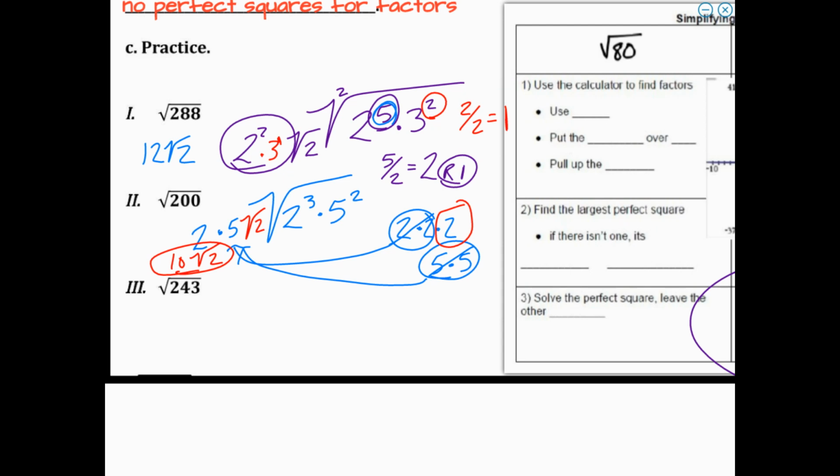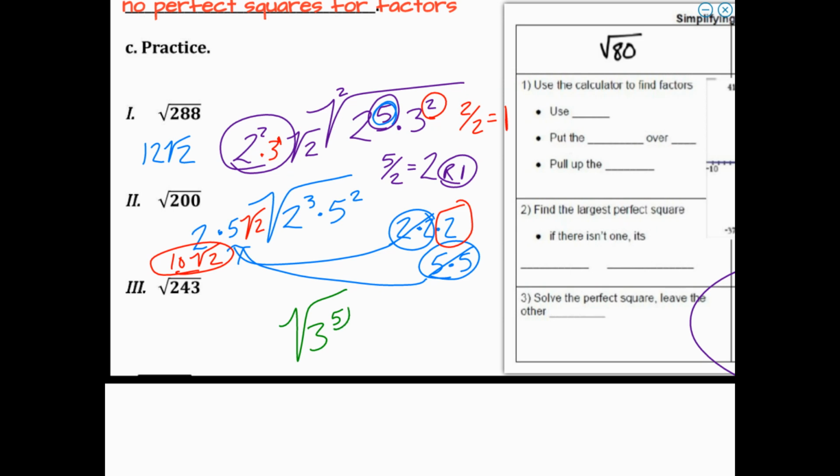And then this last one, what's the factors? Joshua? 3 to the power of 5. So 3 to the power of 5.